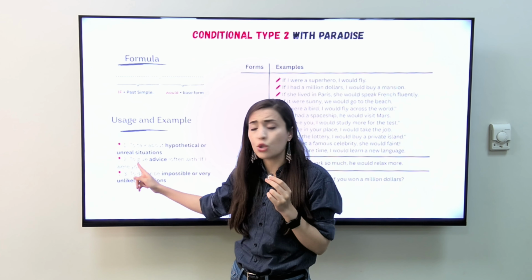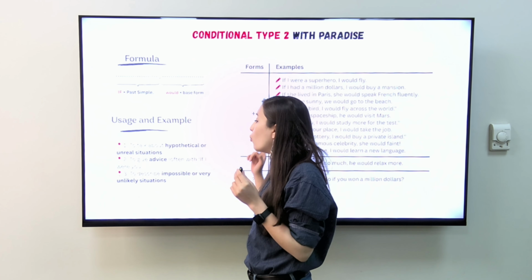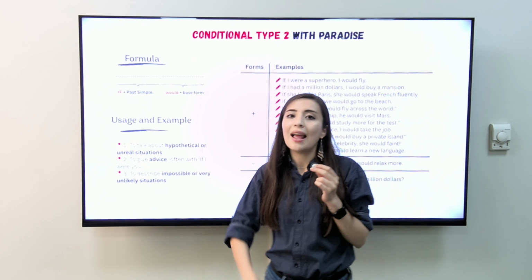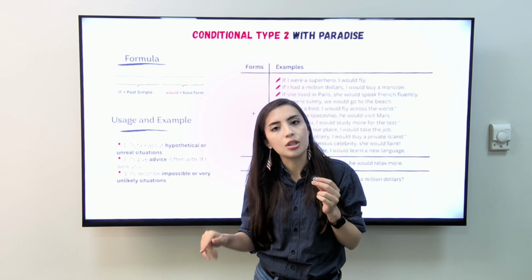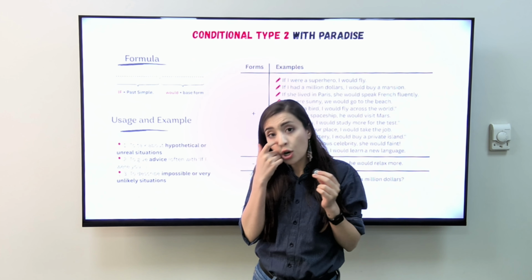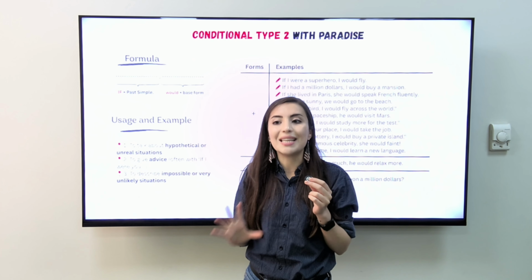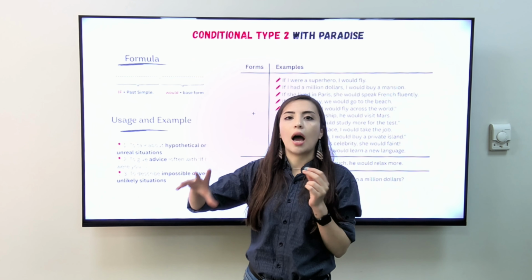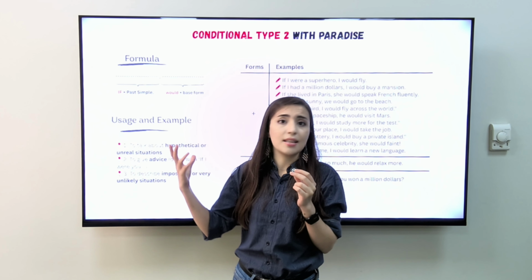The second situation is to give advice, often with "if I were you." It means that if I was in your position, if I was in your shoes, if I was in exactly the situation that you are in right now, I would do this. Again, it's hypothetical.